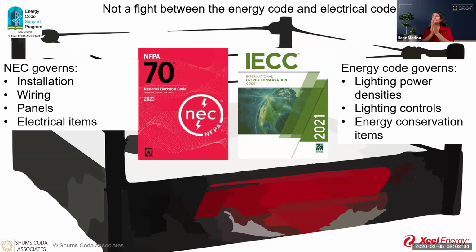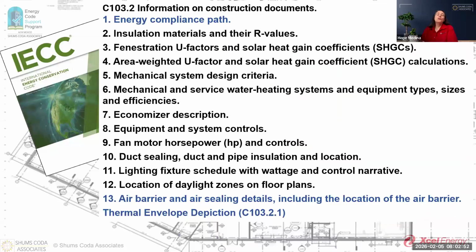So there really is a delineation between the two, but they still work together, because obviously if you don't have wiring and the correct installation, you don't have lighting that's going to happen. Then you don't have to worry about how much lighting you put into a project.